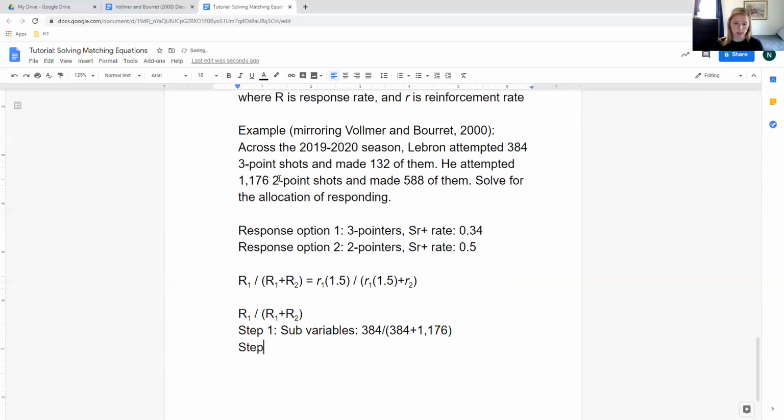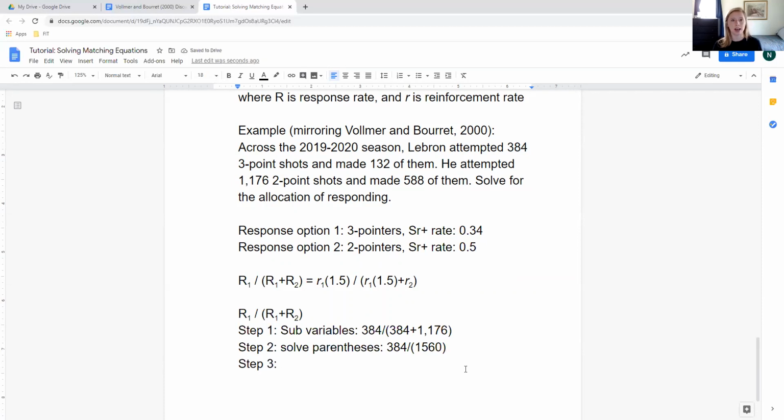Step number 2 is going to be to solve the parentheses. So I will do 384 divided by that sum of 384 plus 1,176, which is 1,560. So he made 1,560 total shots, and 384 of those were 3-point shots.